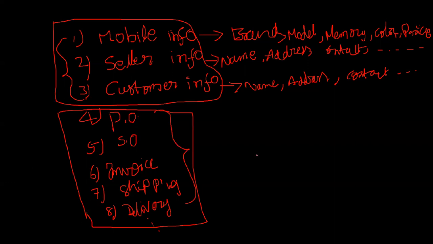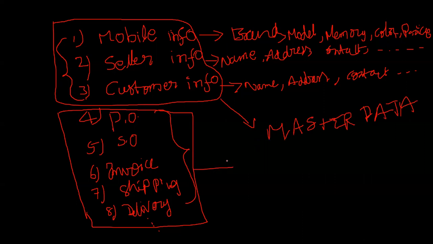So whenever you take a particular transaction, there will be some core information which primarily has to be available. This we call master data. And using that master data, we make some transactions, and out of those transactions, some other data is generated, like purchasing, sales, invoice, etc. That is called transactional data.